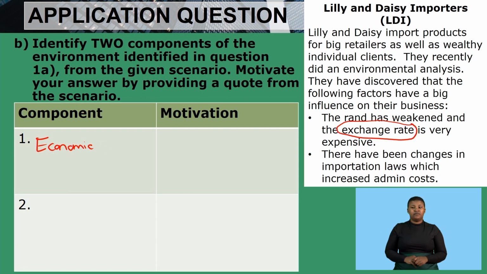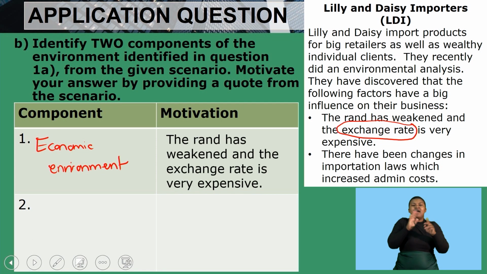Sorry, I'm going to fix this mistake there. Economic environment. And then remember, when we have to quote, we quote the whole sentence as is, word for word from the scenario. So our motivation will be that whole bullet given as a quote.